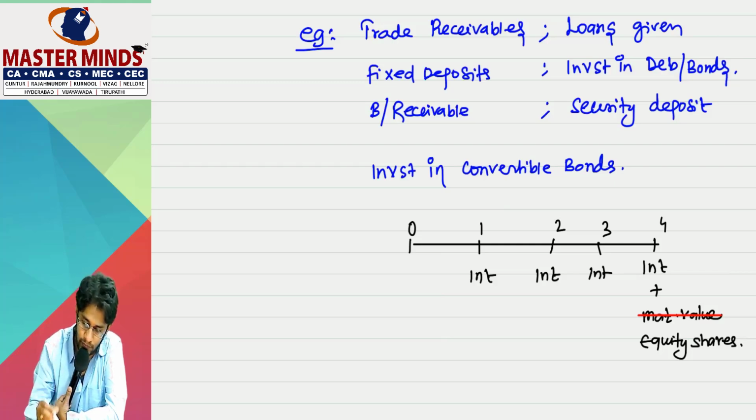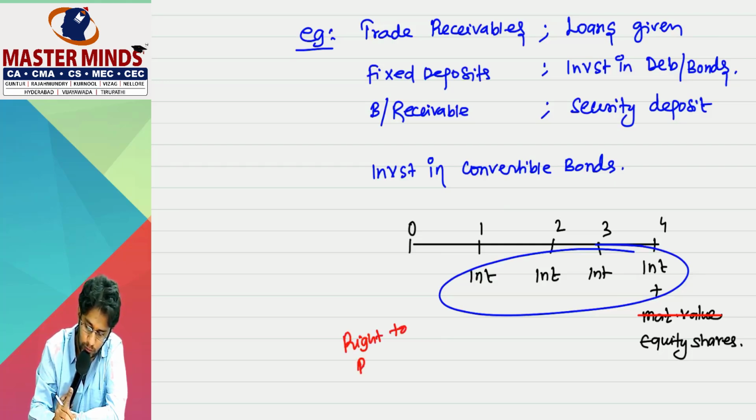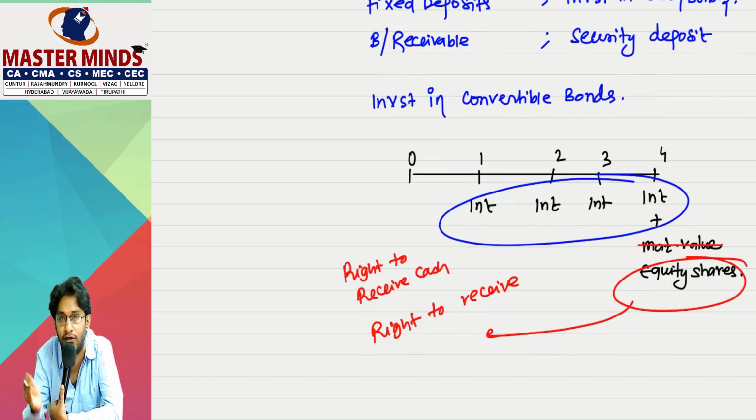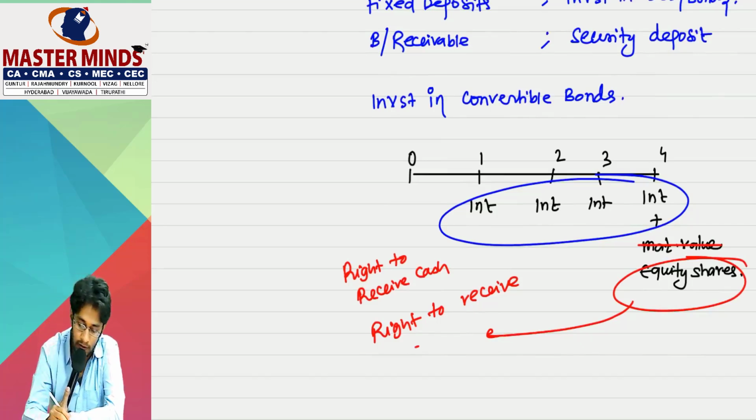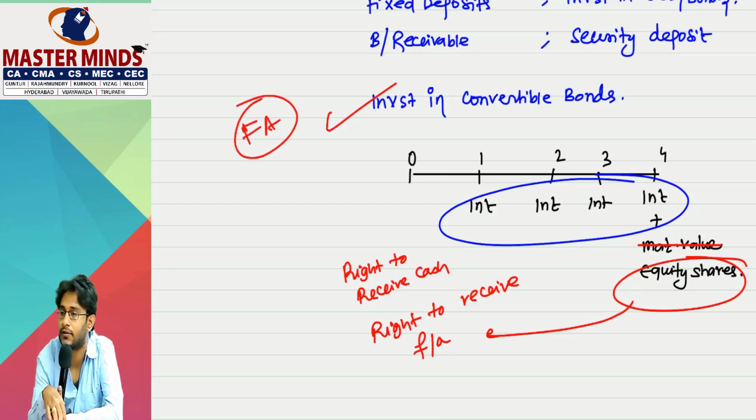So as far as the discussion up to here is concerned, this is a contractual right to receive cash. This is a contractual right to receive equity shares of another entity, which is also a financial asset. So this also will become a financial asset.